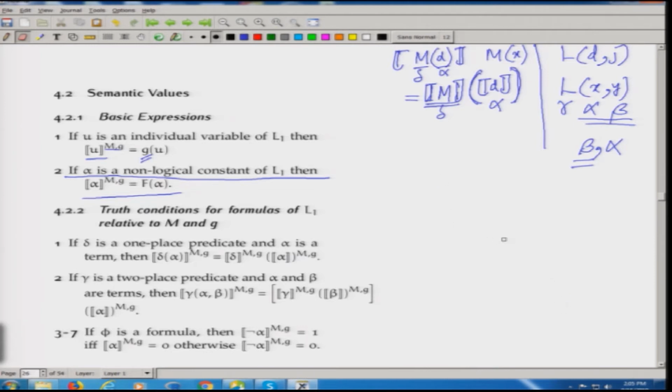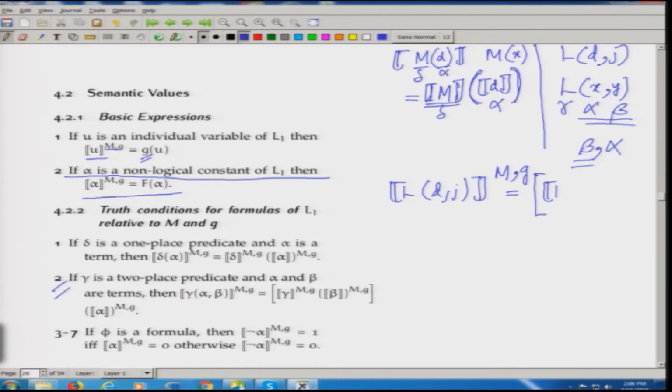So, rule number 2 states that if gamma is a 2 plus predicate and alpha and beta are terms, then the meaning of gamma alpha beta, which is, we have taken, say, L d j, with respect to m and g. We will see why both m and g are there. There are 2 steps.